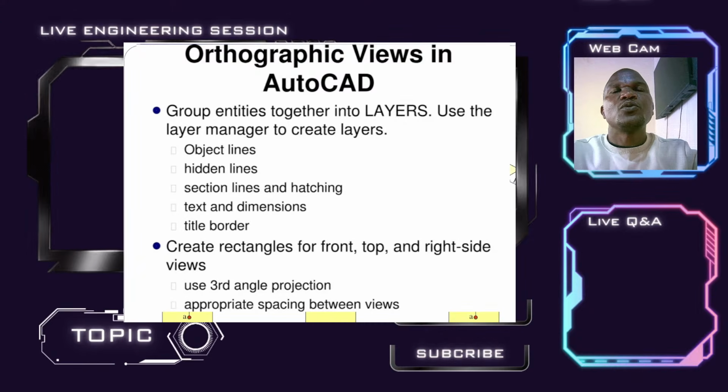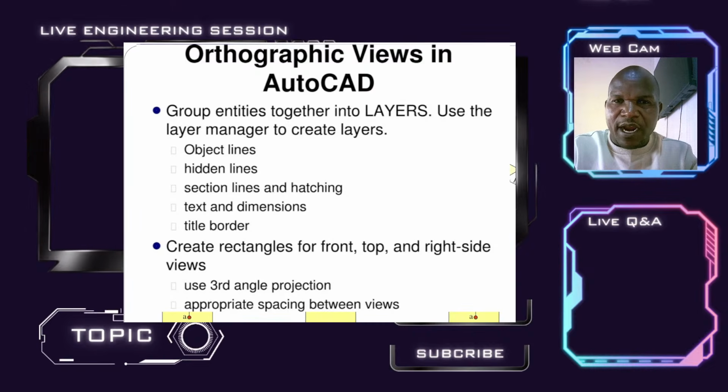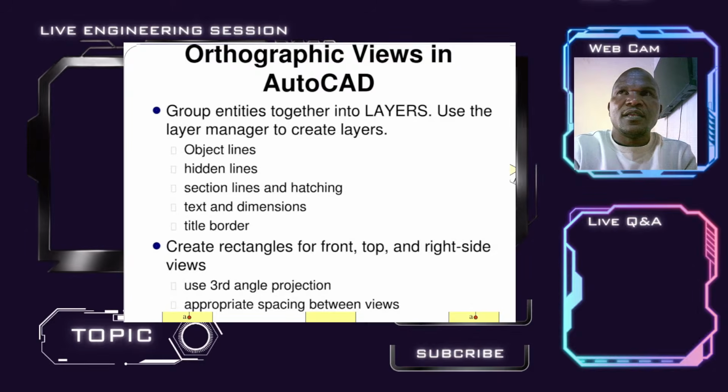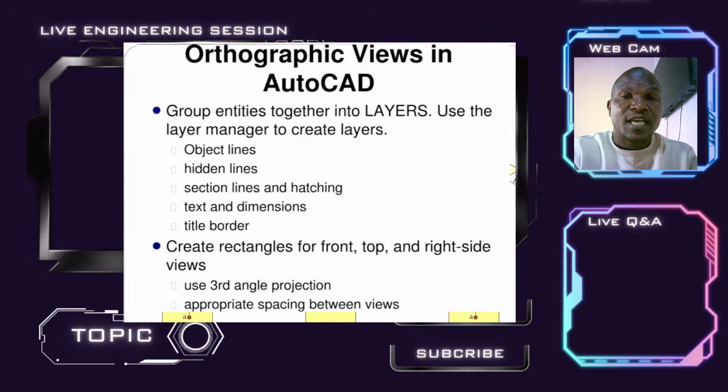So what we do is this synergy across these fields, whereby upon completion, the architect can freeze his own layers, which are dimensions and others, and give the overview or the entire plan to an electrical engineer, who will study the plan and do the necessary work of laying out the electrical infrastructure or design within the drawing.